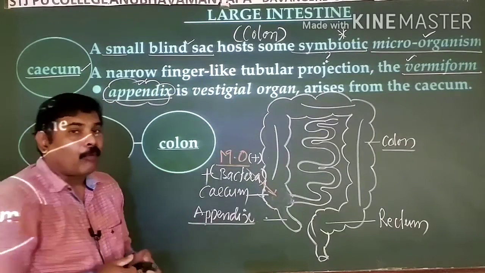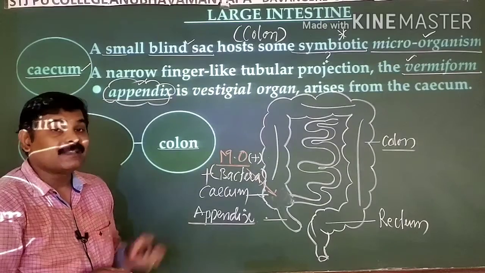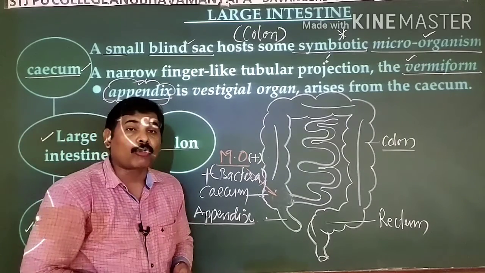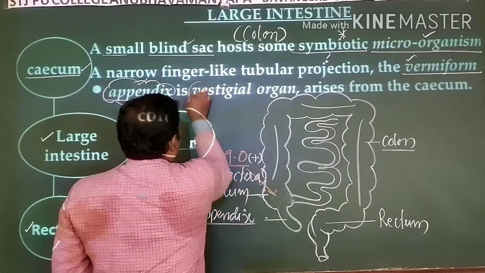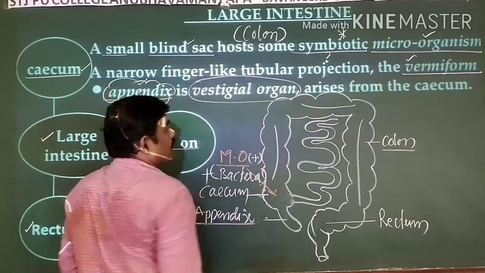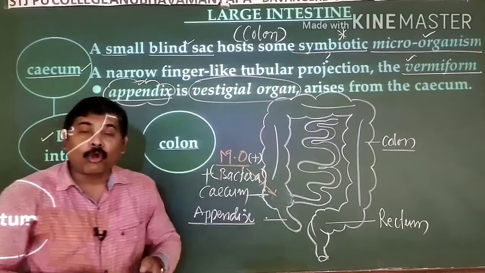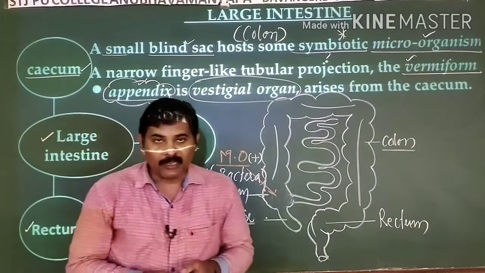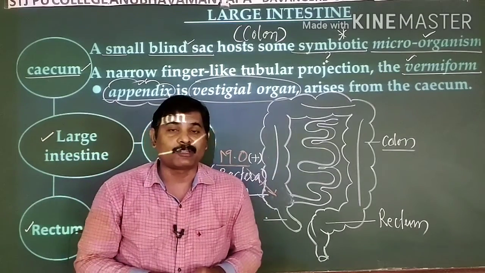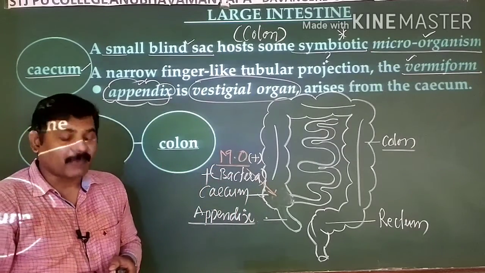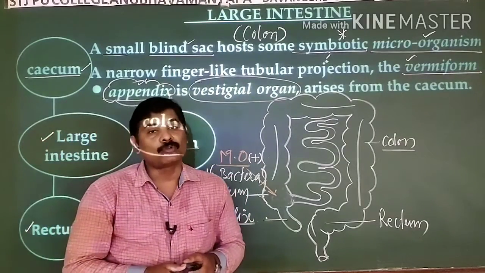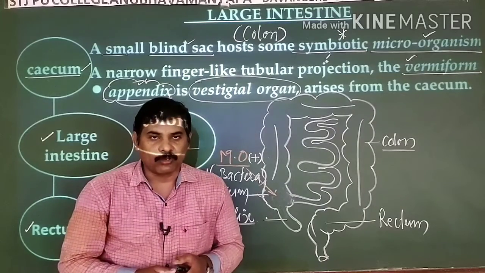The very important point related to this is that it is a vestigial organ in the human digestive system. A vestigial organ is an organ present in the animal body which has no particular function within the body. Such parts are altogether known as vestigial organs.